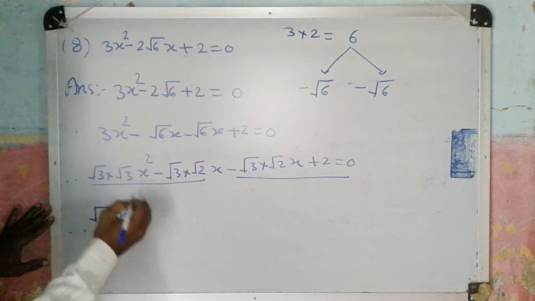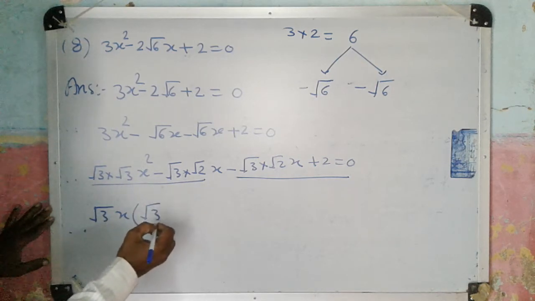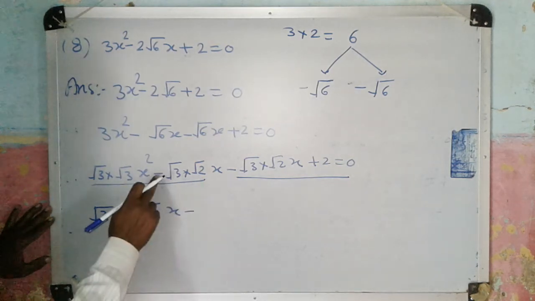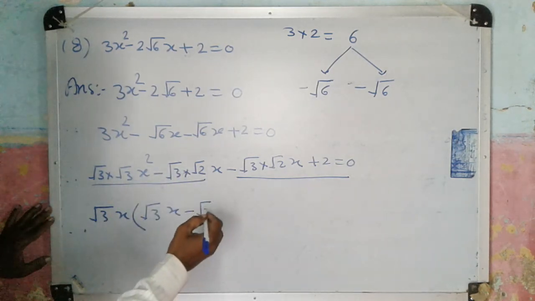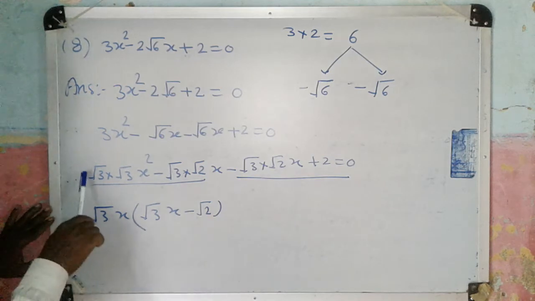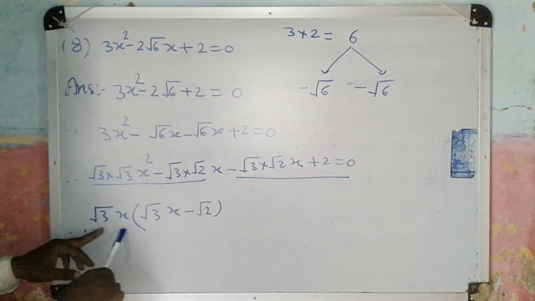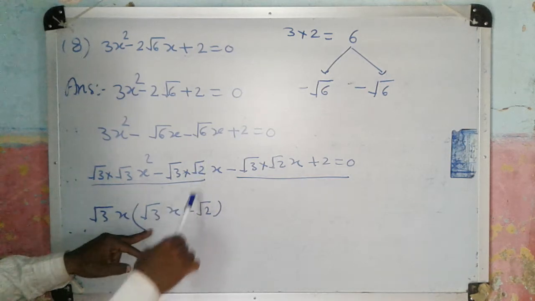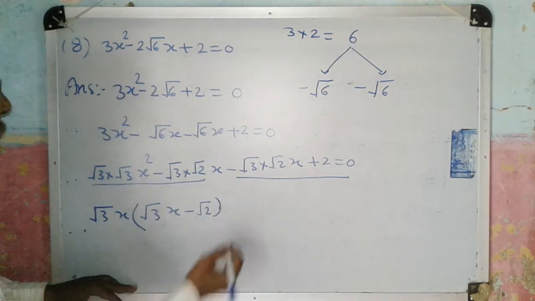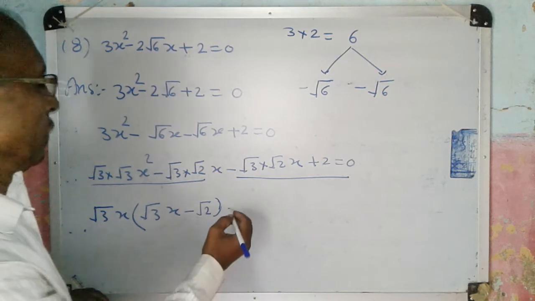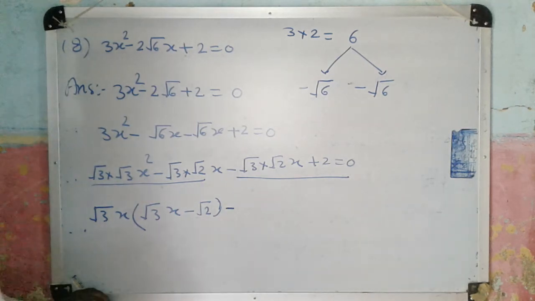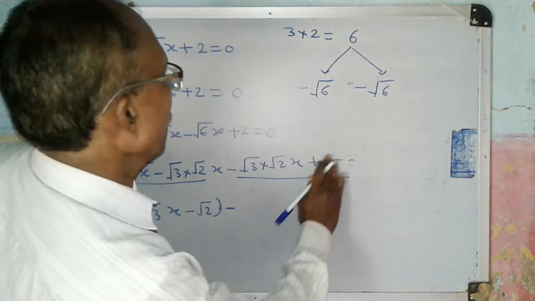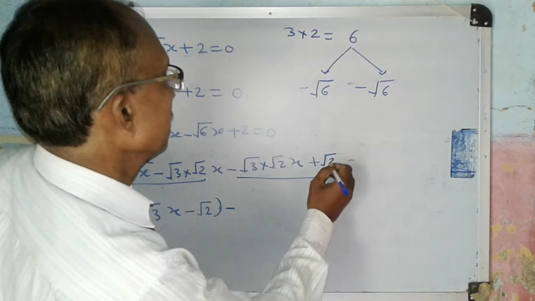So in bracket it remains root 3x minus root 2, because root 3 and x have been taken common. So here remains only root 3x minus root 2. So from the second group, minus. Now here also root 2, so here root 2 we can write like this.